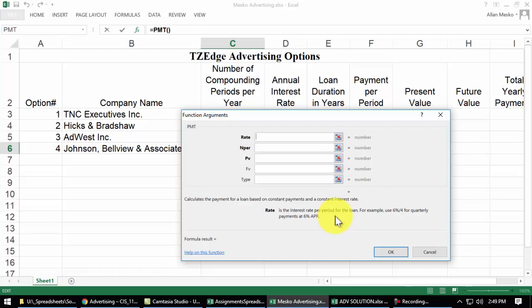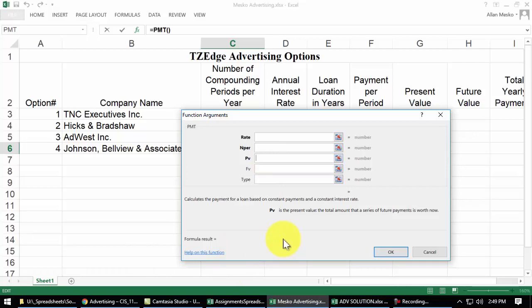In other words, if you are making payments every month and you have a 6% interest for the year, then you would divide that by 12 to get your monthly interest rate. Then the number of periods would be how many payments you are going to make for the loan. So if it were 4 years of monthly payments, that'd be 48, 4 times 12. And then the present value is typically the amount you borrow.